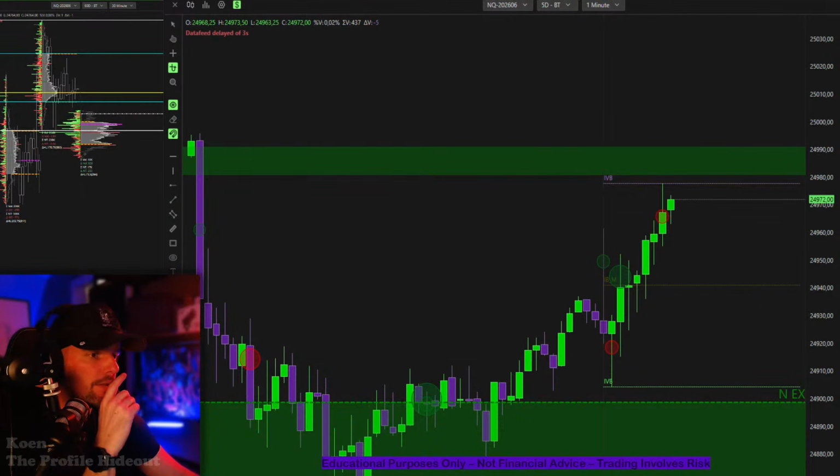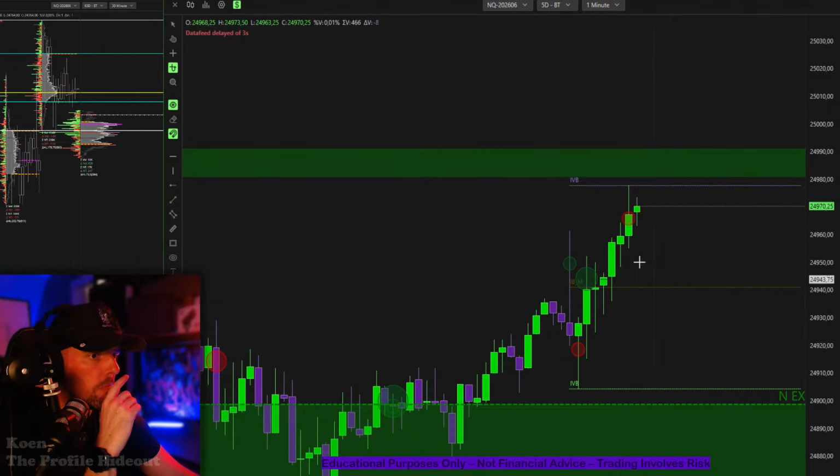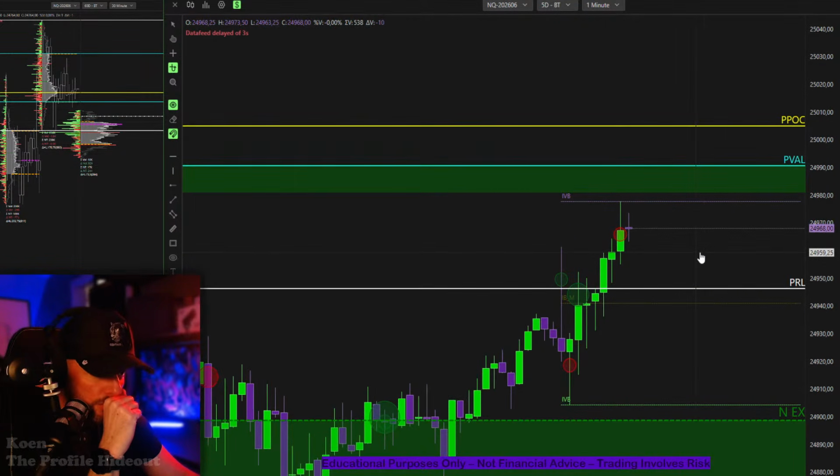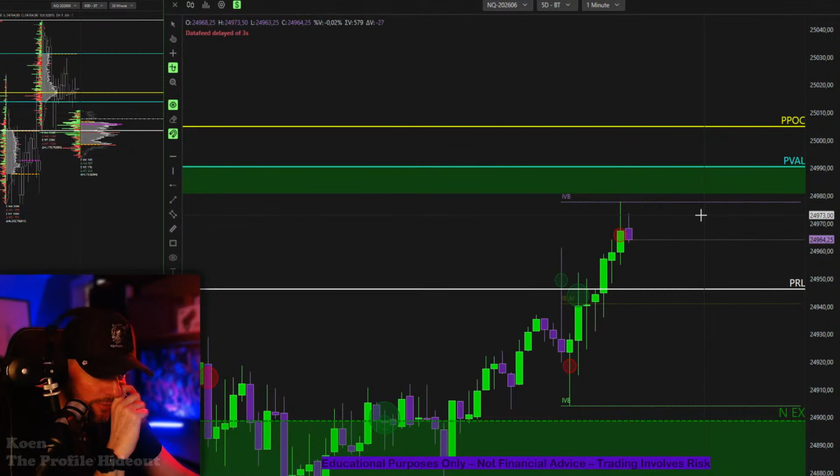So back in range. The green box here is value low from overnight. Around value area low from yesterday's RTH session.